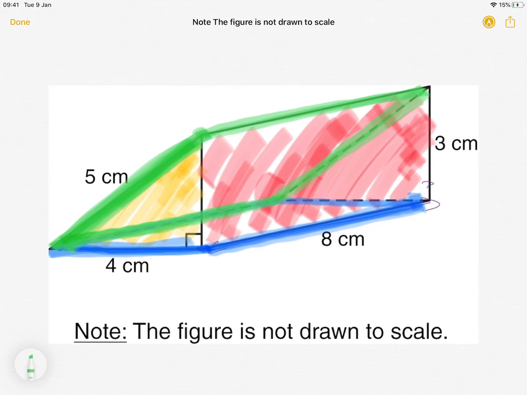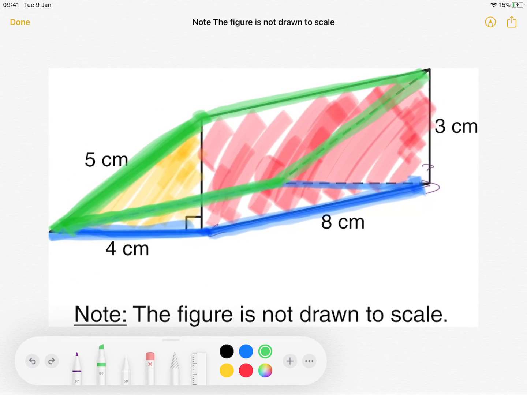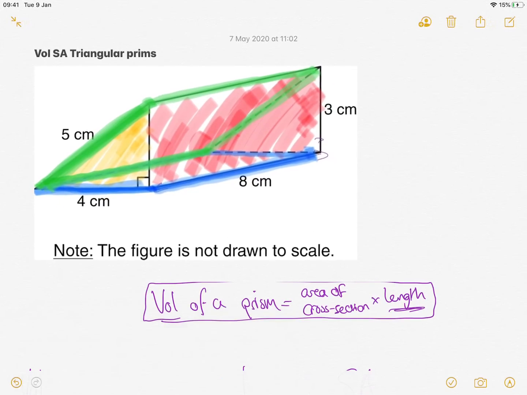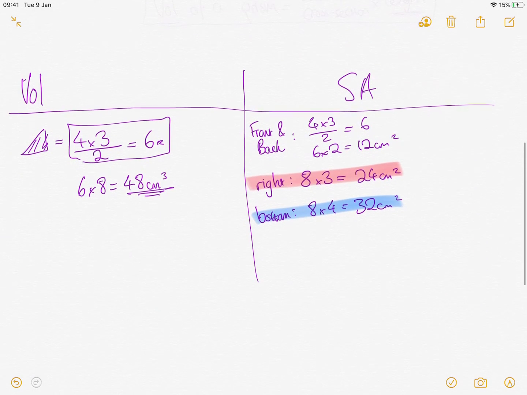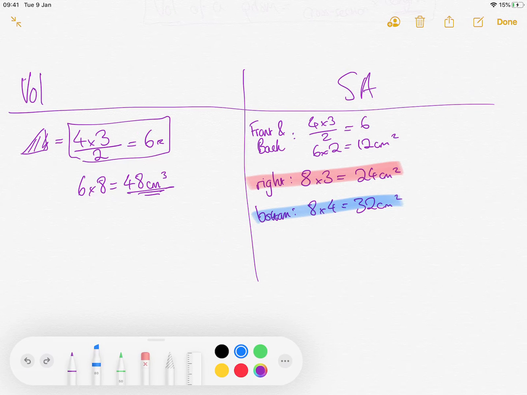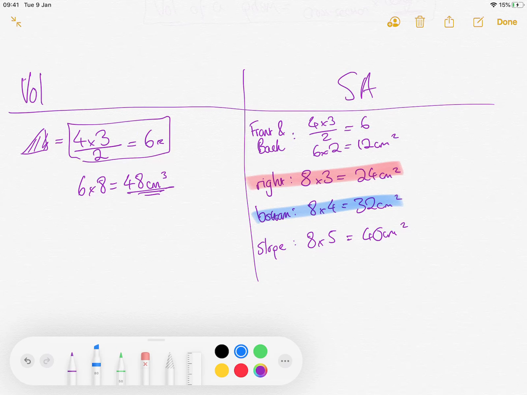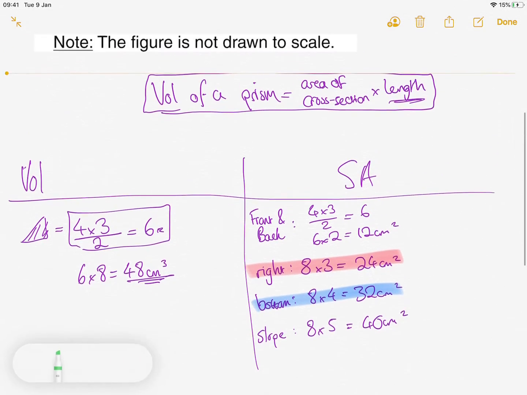Well, what's this length here? I know that's 8 from my previous, because it says it on the bottom there. So there we go. So that slope is 8 times 5, which is 40 centimeters squared, and I think I did that in green.